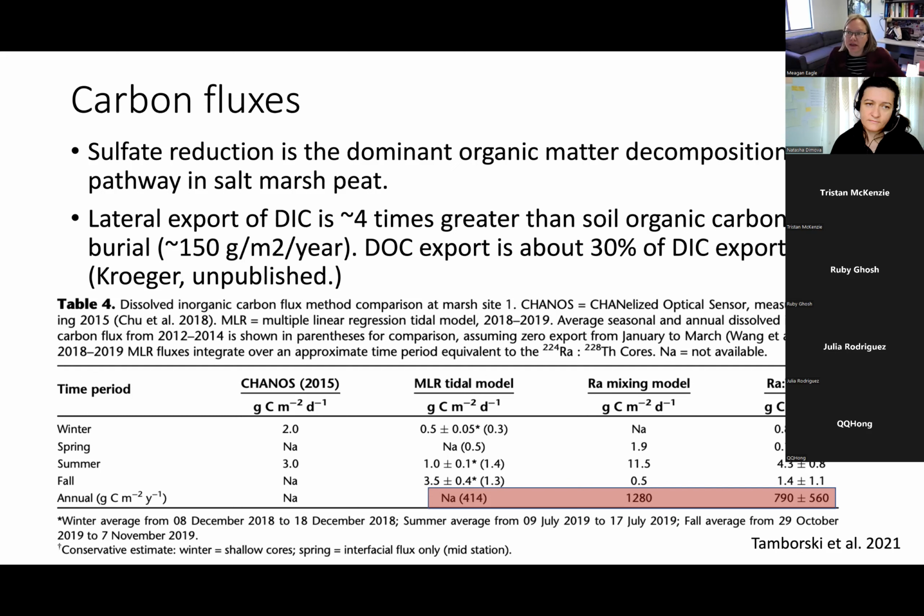And so that's where the greatest fluxes occur, but the greatest concentrations of porewater-amended elements occur in low tide, when our actual water velocities are very low.